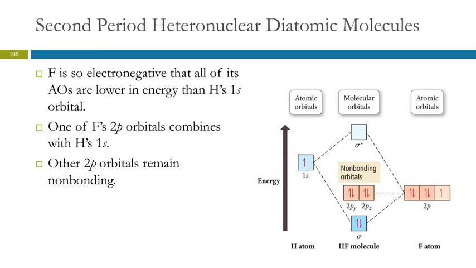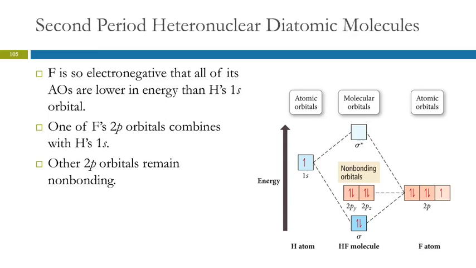Here's hydrogen fluoride. So hydrogen atom, just a 1s, and the fluorine atom is using its 2p orbitals. The fluorine atom is so electronegative that its 2p orbitals are lower in energy than hydrogen's 1s orbital. It's really kind of crazy. So these overlap and combine in a very, very strange way.